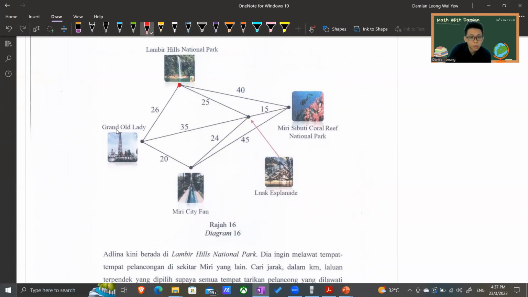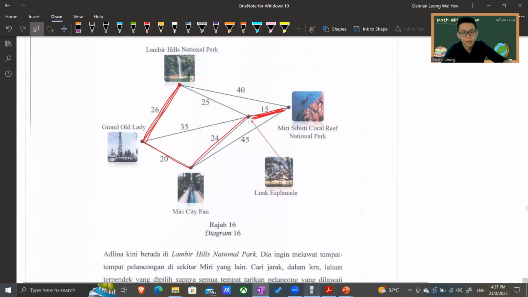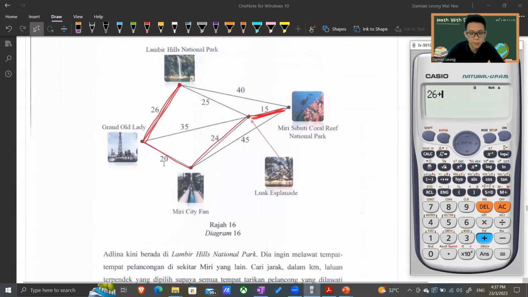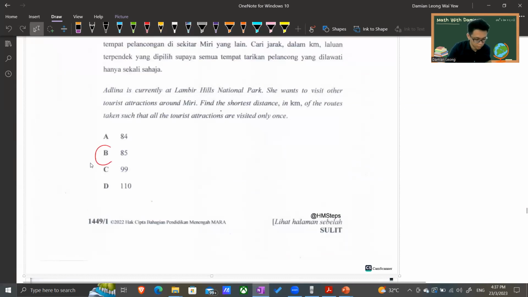So the most reasonable path is here, here, here, and here, which you see takes most of the shortest path. So shortest distance, add all the distance here, 26 plus 20 plus 24 plus 15, 85. So answer B.